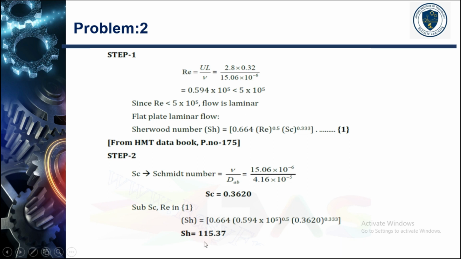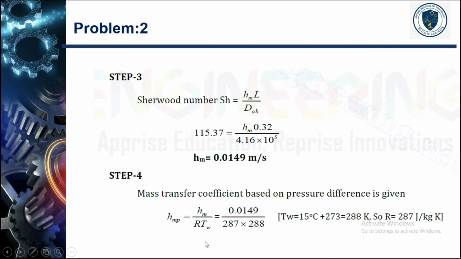We find the Sherwood number, that is 115.37. After finding the Sherwood number, we substitute it in the Sherwood number formula, hML by DAB. That gives what is called the convective mass transfer coefficient.